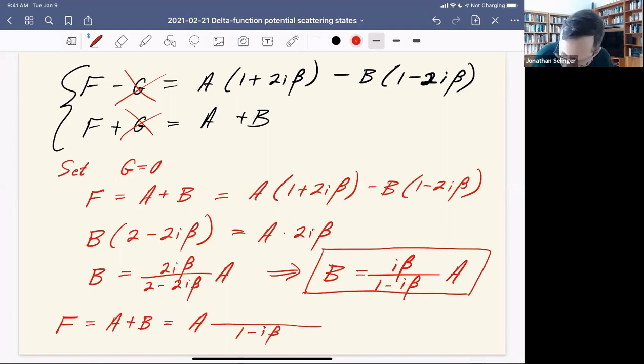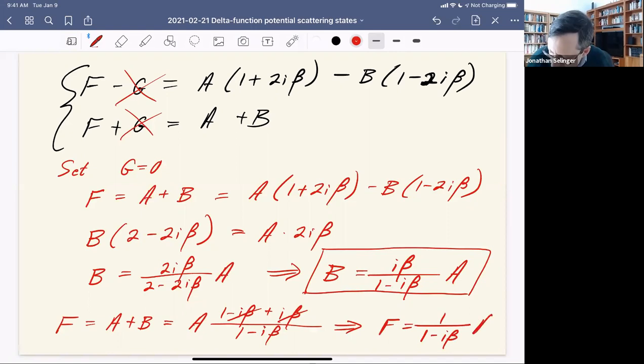So it's 1 minus i beta, that's the A part, and then the B part is plus i beta, and those things cancel. So F is 1 over (1 minus i beta) times A.